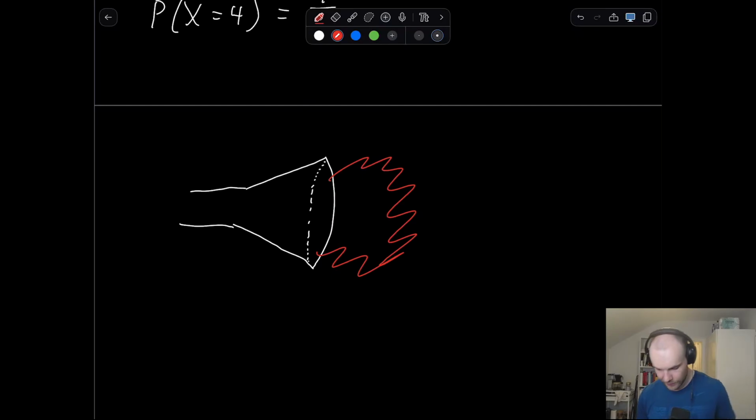If I stood on a skateboard with a water hose and turned it on, I would move this way. That's only because I threw the water in this direction. I push some force, and that force gets applied back to me. That's just Newton's third law, and that's how rockets work as well.